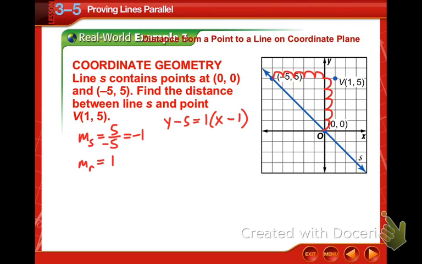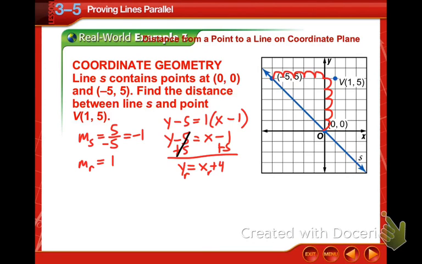So we distribute the 1, y minus 5 is equal to x minus 1, and we add 5 to both sides. So y equals x plus 4 is our equation. Now, this is our equation for R, right? The line we don't have yet.